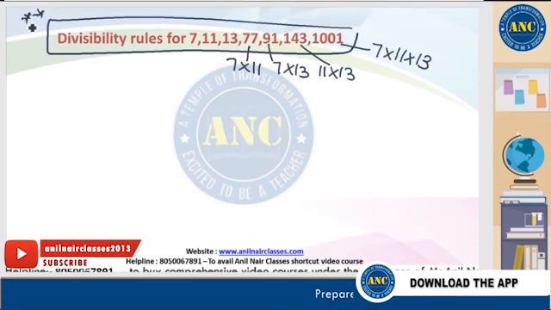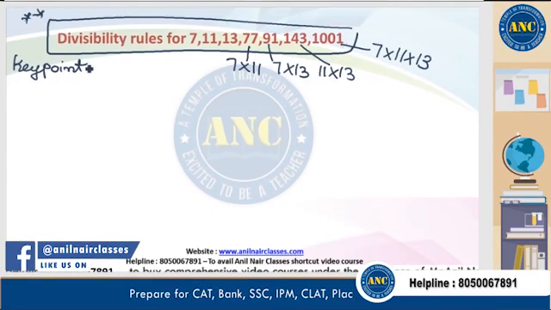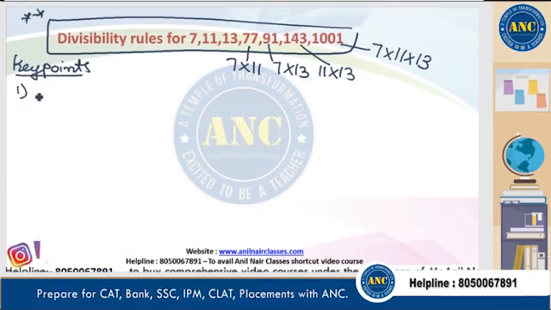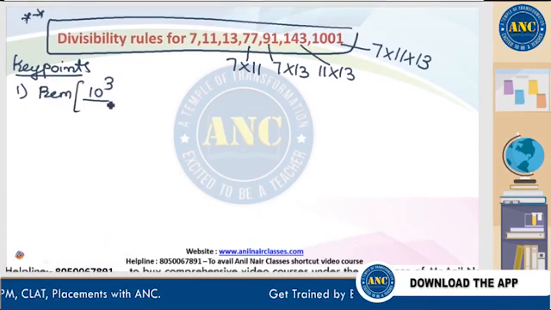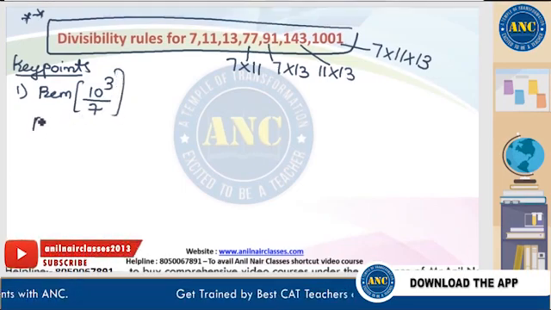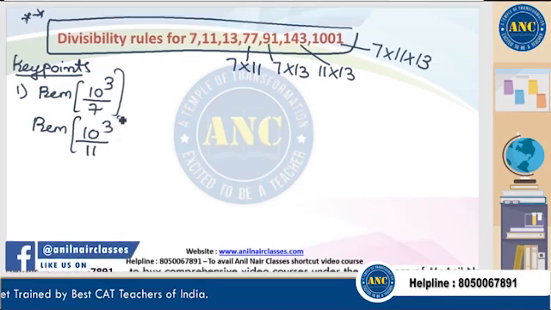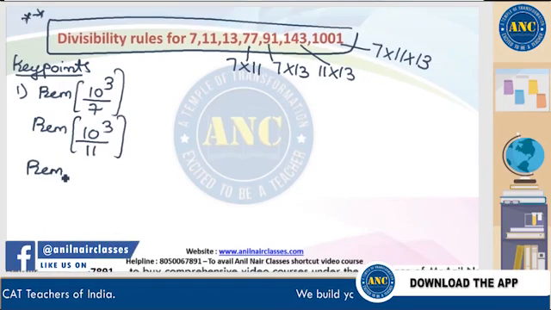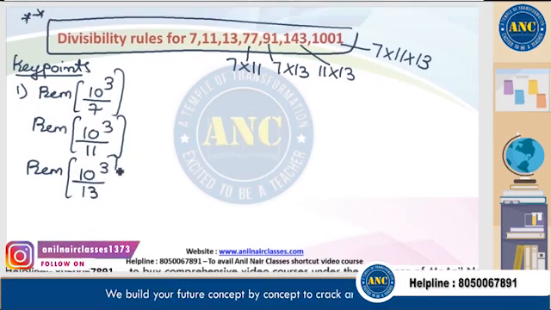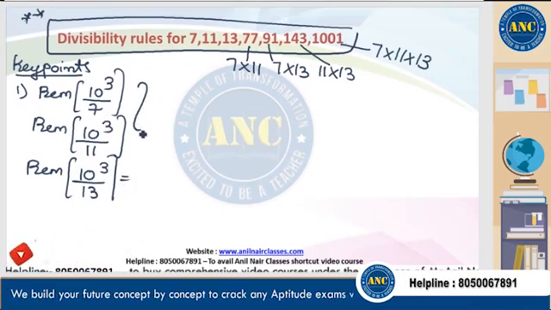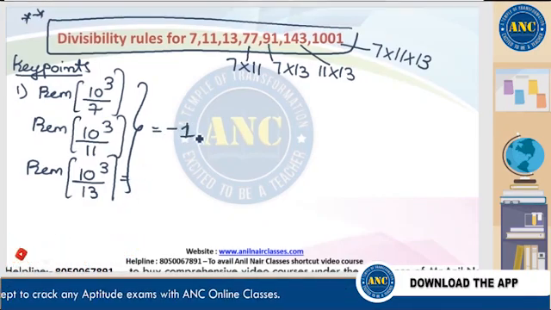Now listen carefully. Key points. First key point: if I take the remainder when 10 cube is divided by 7, by 11, and by 13, in all three cases the remainder is minus 1.